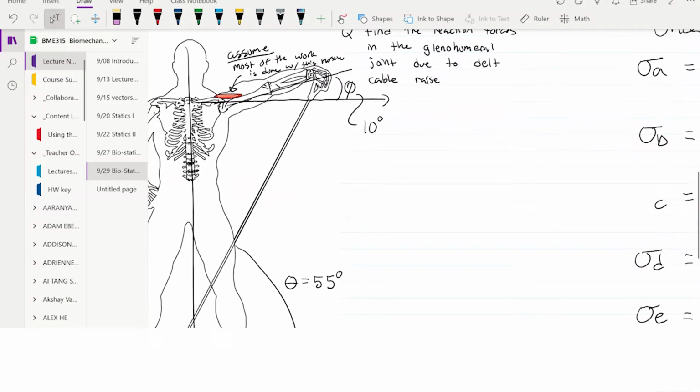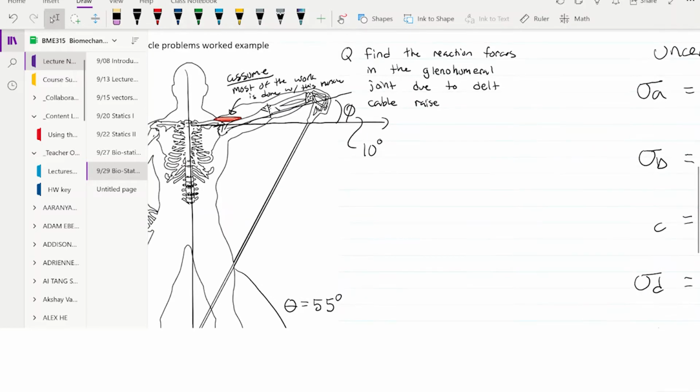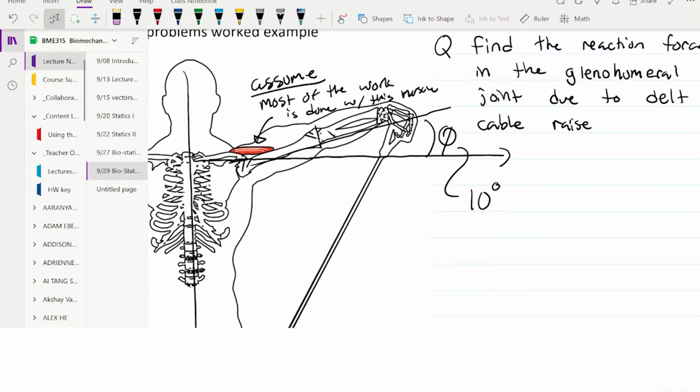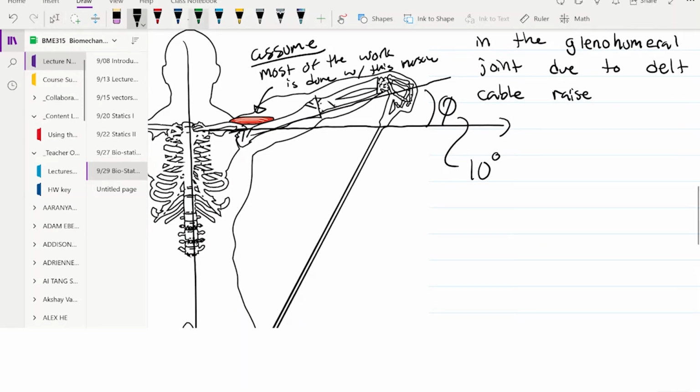So where do we start? That's always a great question, because there's a lot of different ways we could go about solving this. Again, we're trying to solve for the reaction forces in this joint right here. So it doesn't make sense to study the clavicle in this case.